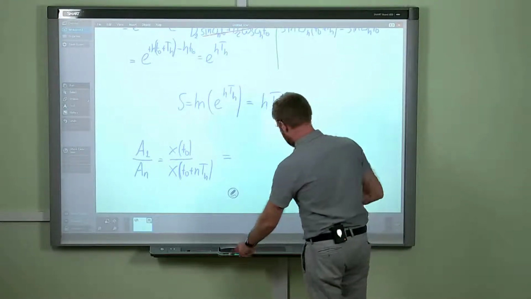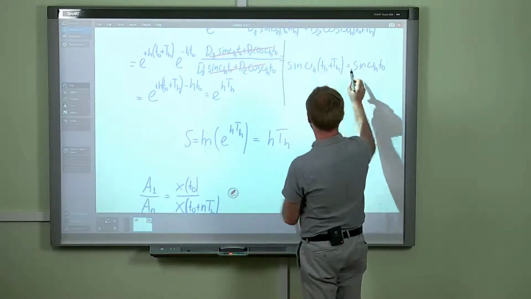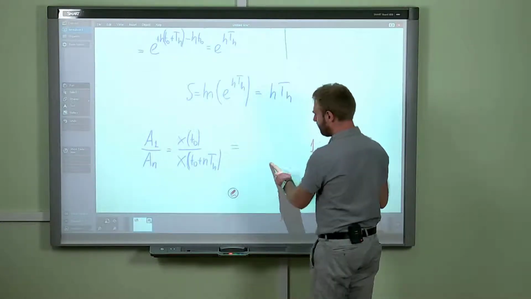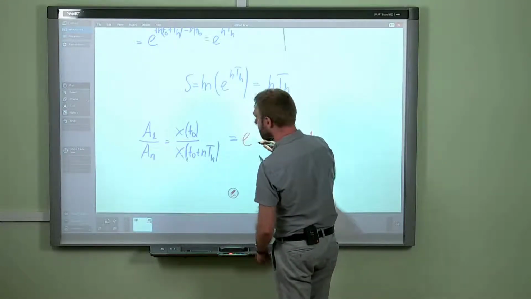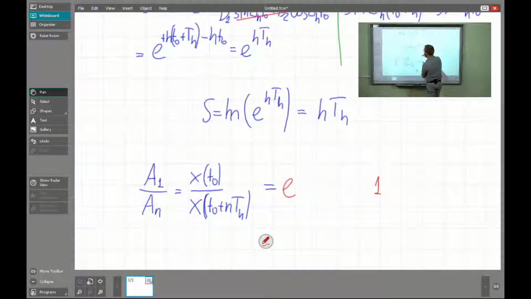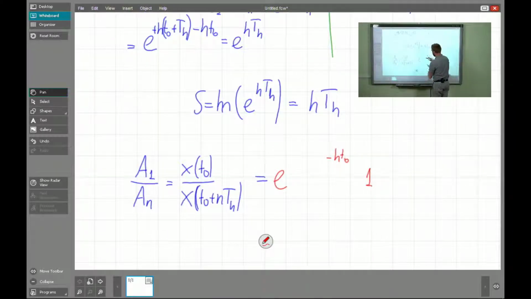We get one for that part, because the same rule applies here. The only difference will be exactly here. I mean, we will have e to the power of minus h t, which is the effect of that. If we are talking about that component, there will be h times, and here we have the difference, because the argument will be T0, but we have to add n times TH.